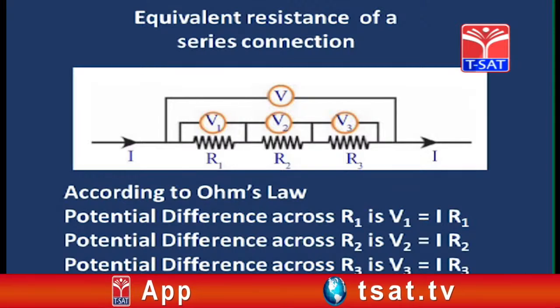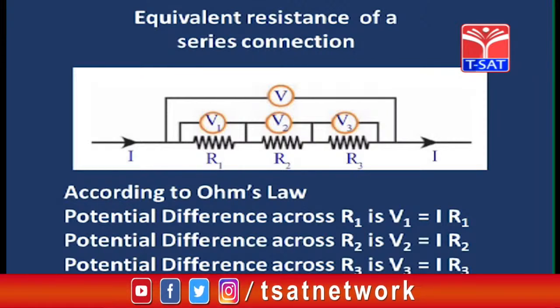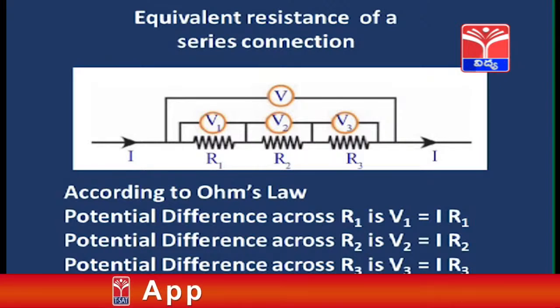Now, the potential difference across R1 is given by V1, across R2 is V2 and across R3 is V3. Applying Ohm's law, the current in each resistor will be the same because all of them are connected in series.